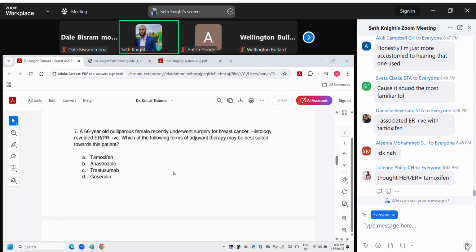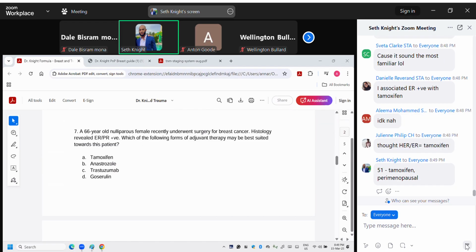We're looking at their menopausal status. Is it premenopausal or postmenopausal? So if she's perimenopausal, let's say she's spot on 51, then in that case, we give tamoxifen. So for perimenopausal, we give tamoxifen.